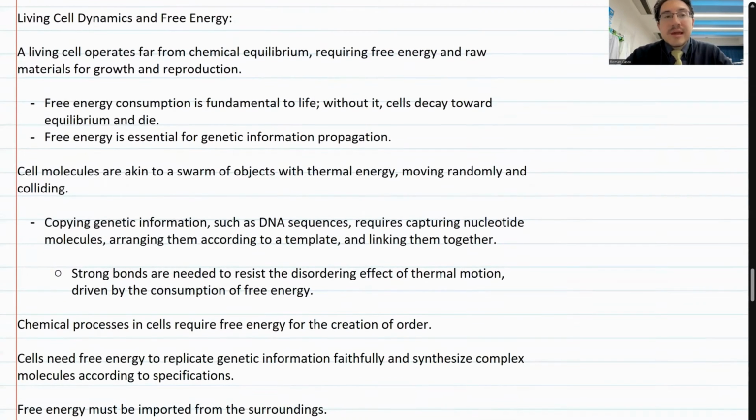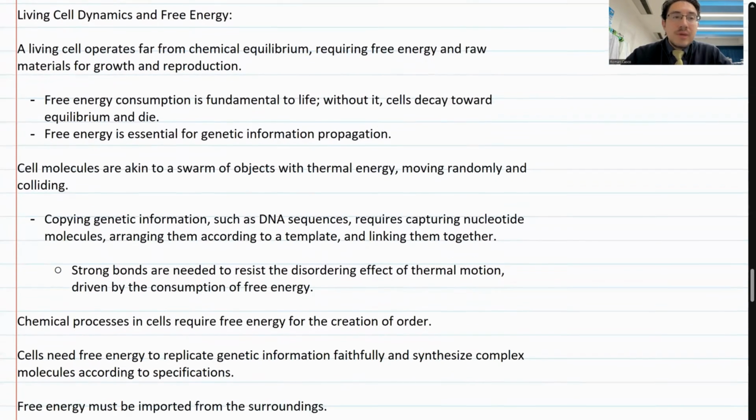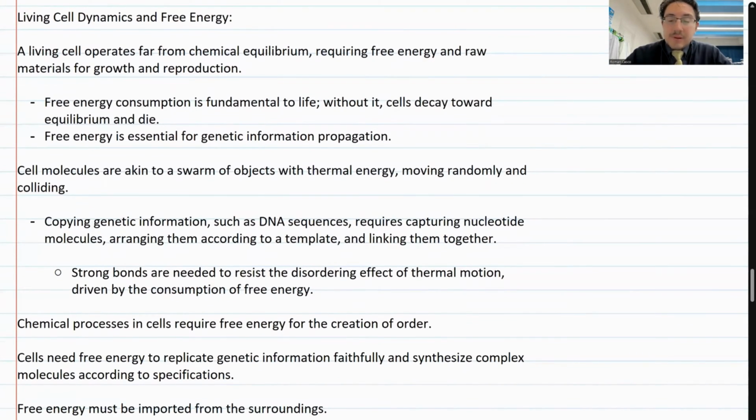Factor number 7, life requires a continual input of free energy, right? So in essence, living organisms and individual cells, more specifically, need to be in constant motion in terms of molecules and concentration gradients.